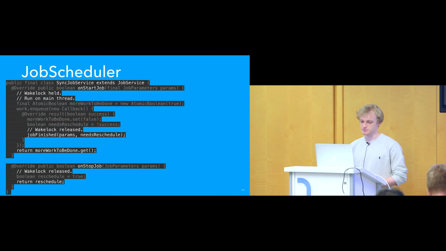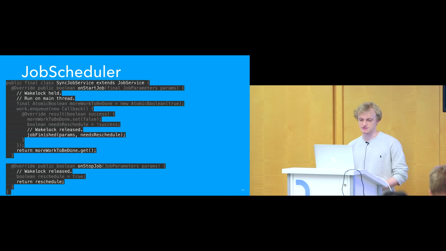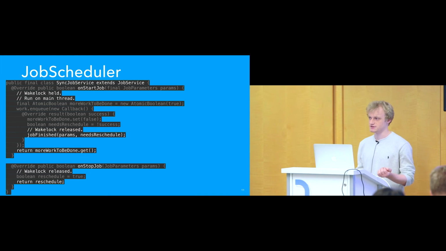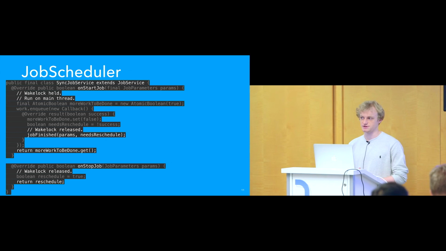With jobFinished, you tell it the parameters that you were passed in, and then you tell it if you need to reschedule. So if something happened and your job didn't successfully complete, you let Android know to reschedule. The rescheduling policy is set by the JobInfo that you created and scheduled with. So you probably want exponential backoff, or linear backoff.